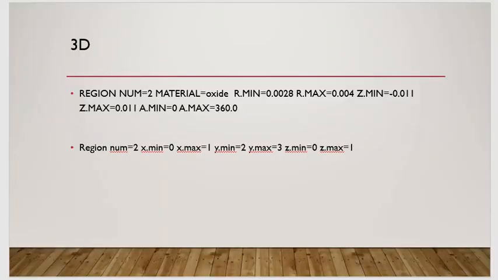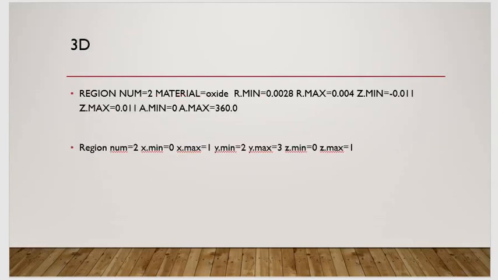So from that, now comes this is 3D and this is 2D. This is the 3D syntax for the rectangular or cylindrical one. I will also tell you that you use mesh cylindrical for this one. If you don't use mesh cylindrical, it will not work and it will show an error. So for this one you have to use mesh cylindrical. For the other one you don't need anything, you just write mesh 3D and it will run.